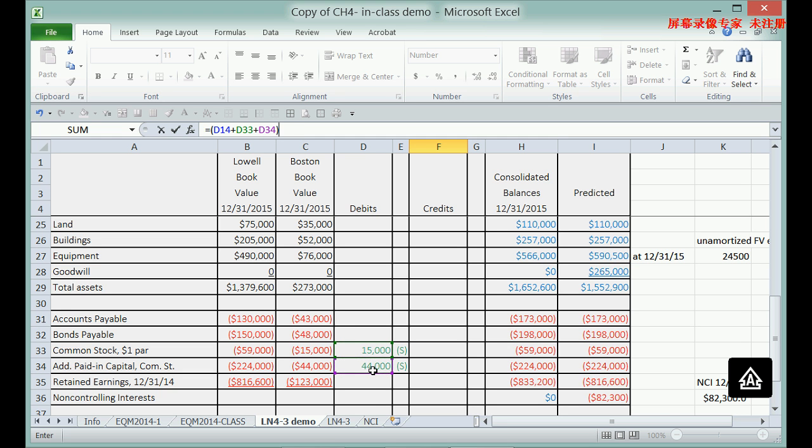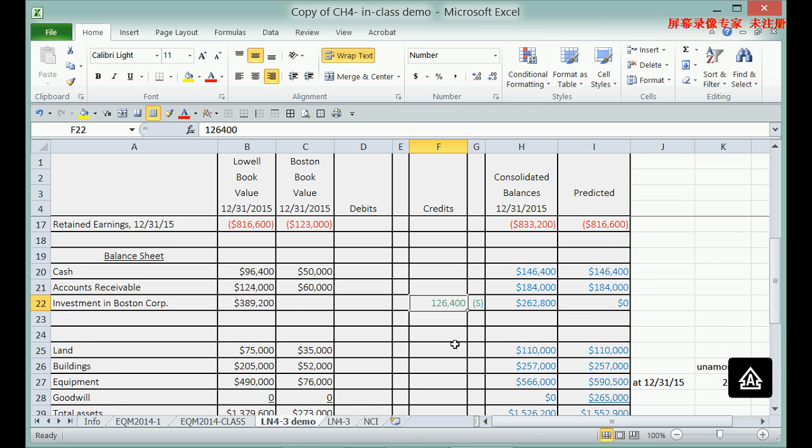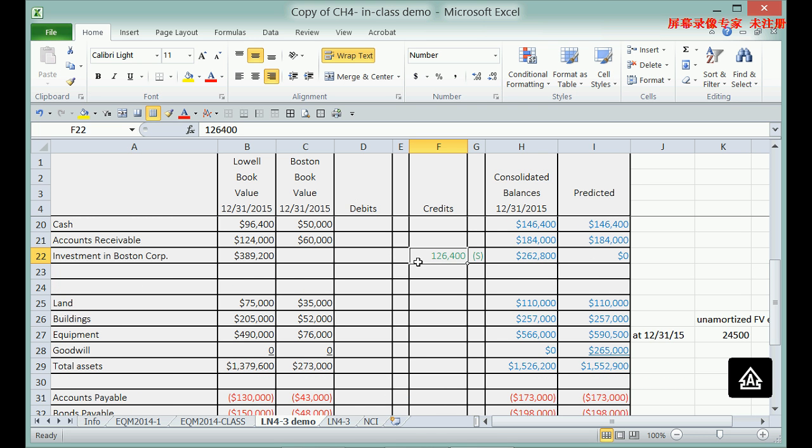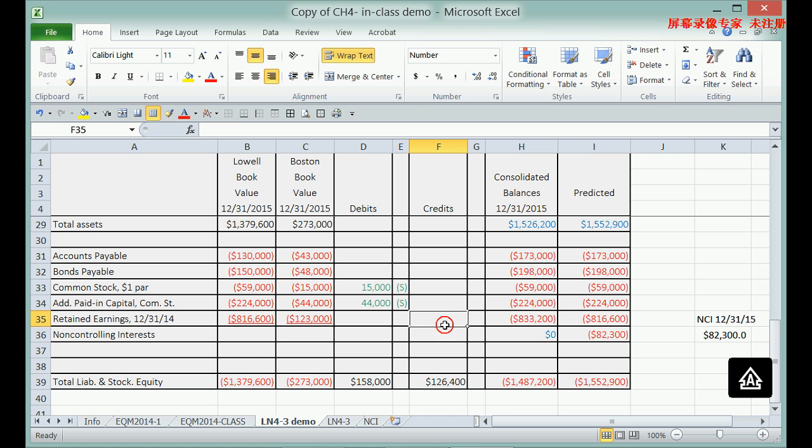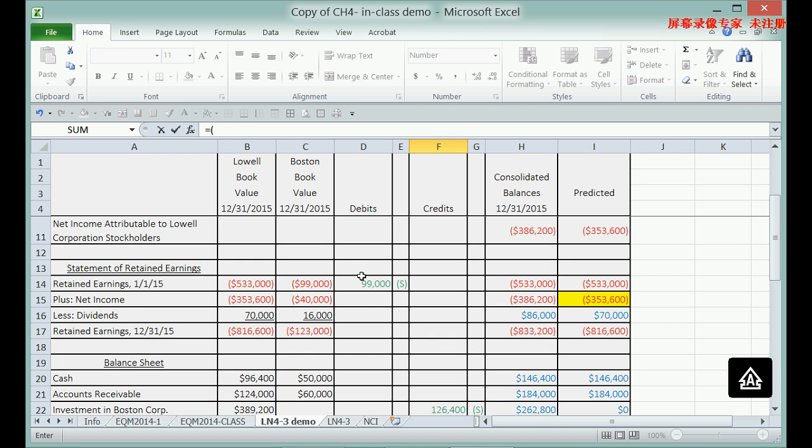Add it up, multiply by 80%. And the remaining 20% goes to the NCI, so it's the S entry, but with these 3 added up.